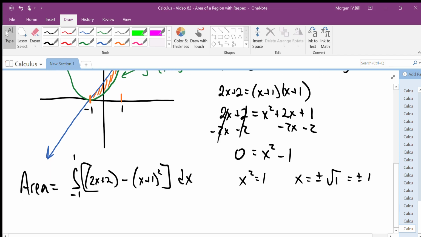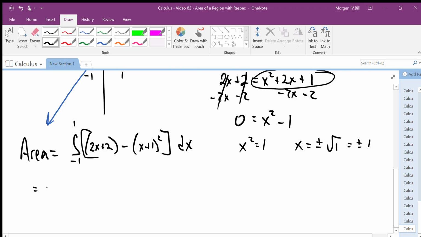Once again, (x plus 1) squared could be an interesting integral, but for right now, let's just multiply that out. (x plus 1) squared is x squared plus 2x plus 1. So I'm going to write this as the integral from negative 1 to 1, 2x plus 2, minus parentheses x squared plus 2x plus 1.